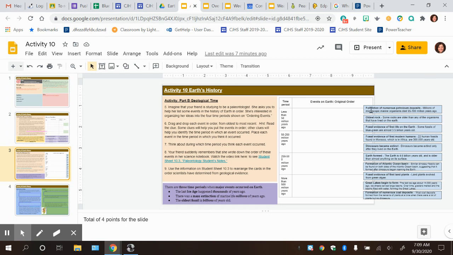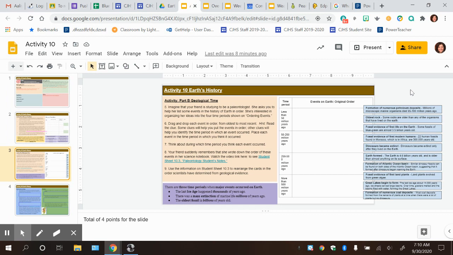So I'm going to quickly read through these for you. And then after we read through these, we'll try to figure out maybe one or two of them, and then you can pause the video and fill this chart out the rest of the way.